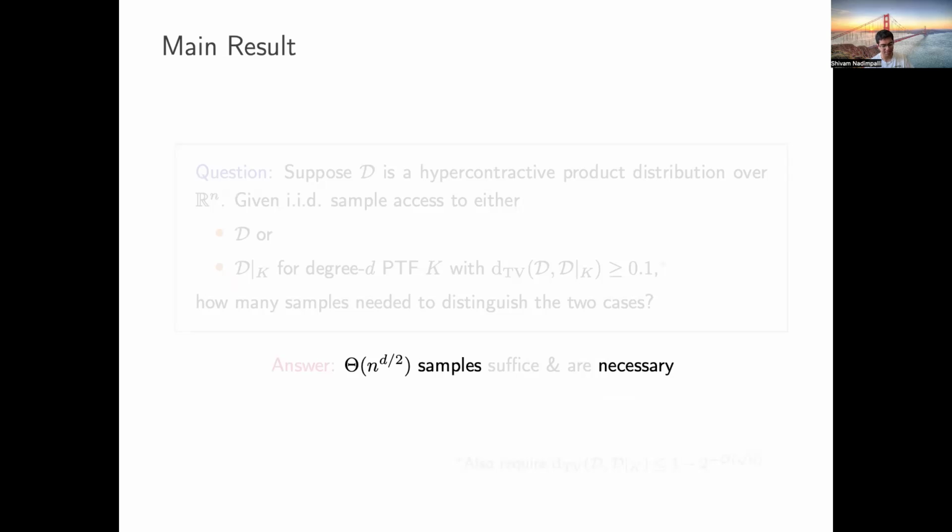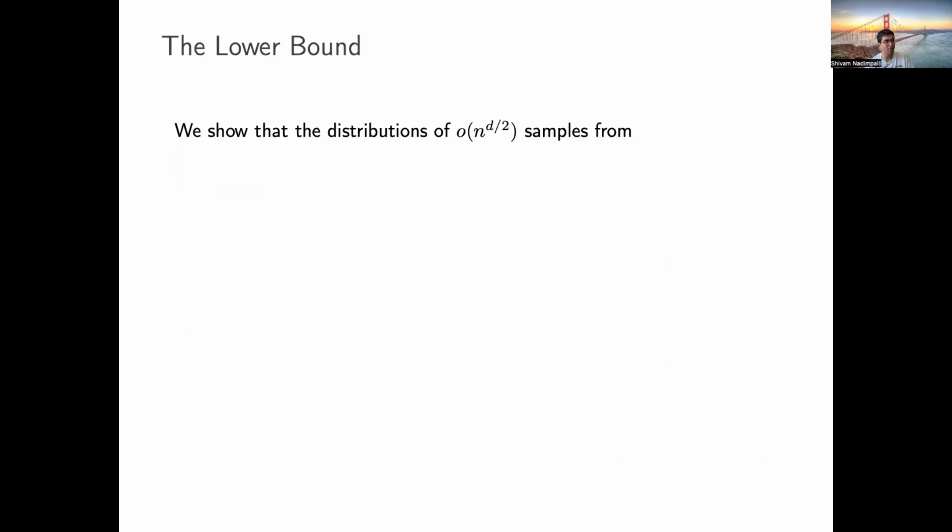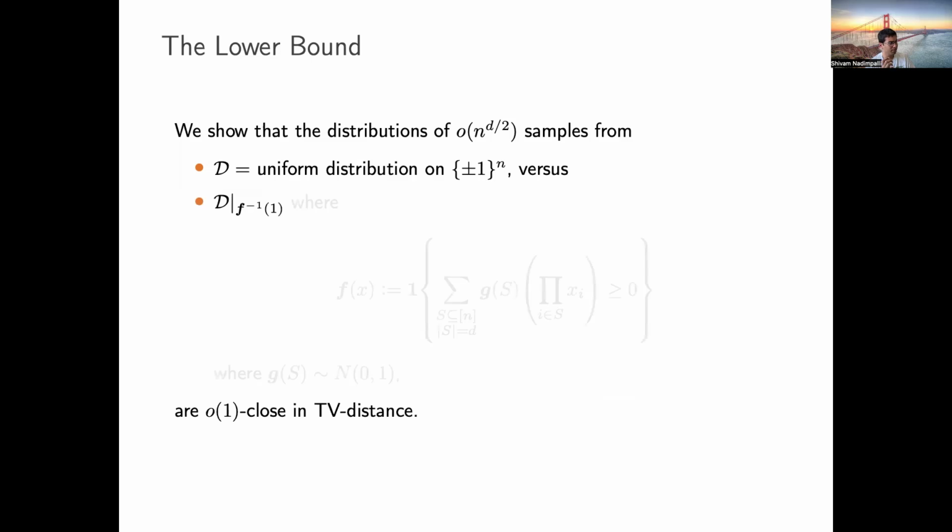The lower bound, we proved again in the setting of the Boolean hypercube. In particular, we show that the following distributions are identical. Let's say you draw little o of n to the d over 2 samples from, in one case, the uniform distribution on the Boolean hypercube, and in the other case, from a truncation of the uniform distribution by a degree d polynomial threshold function.